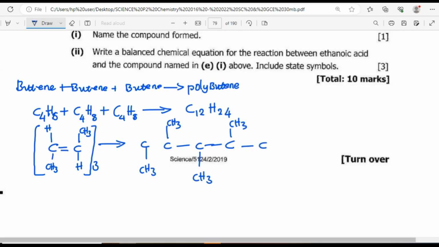Again 1, 2, since we are using 3 repeating units. And remember again, no double bonds in the polymer. Now you can just finish by putting in the hydrogen atoms so that each carbon is satisfied with 4 bonds.